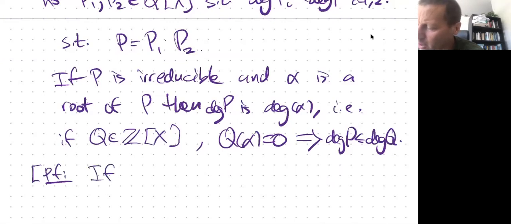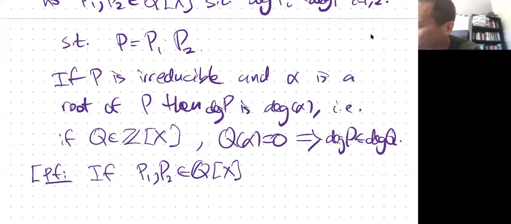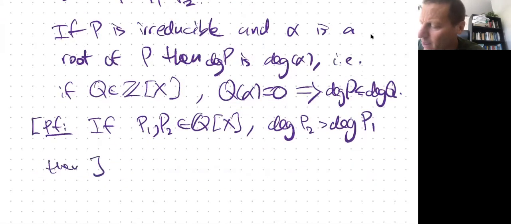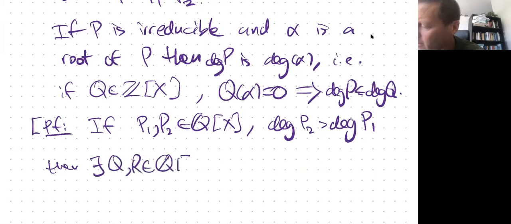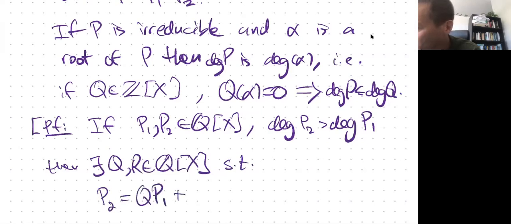So if P1, P2 are polynomials with rational coefficients, and the degree of P2 is bigger than the degree of P1, then there exist polynomials q and r with rational coefficients, such that P2 is q times P1 plus r, and the degree of r is less than the degree of P1.